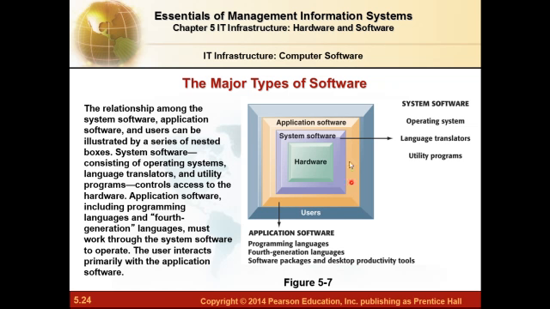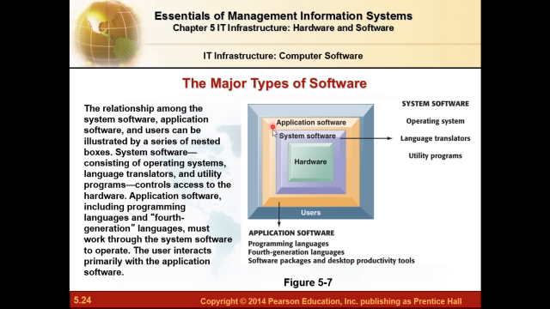These relationships are illustrated by a series of nested boxes. As you can see here, the system software consists of operating system, language translators and also utility programs. Or in other words, the system software will control access to the hardware.